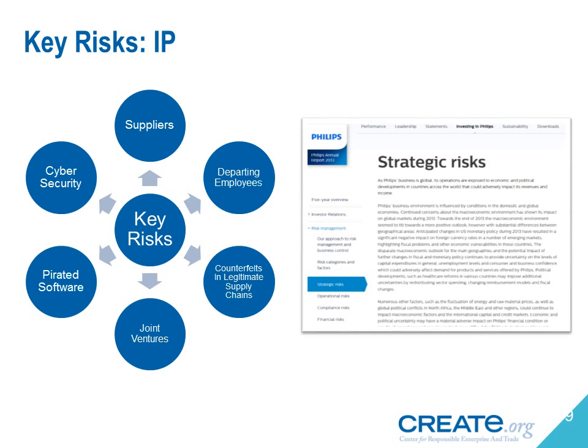Departing employees are a major risk, as well as counterfeits flowing into legitimate supply chains. And here it's been really interesting to look at. We see counterfeit components flowing into legitimate finished goods, and we also see counterfeit product flowing into legitimate distribution channels. So it happens both up and downstream. We see issues coming up with that.